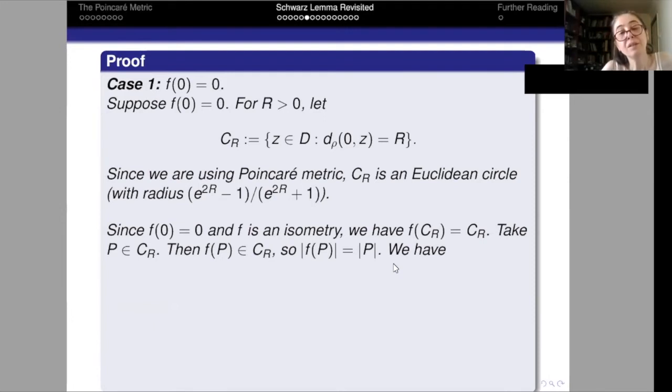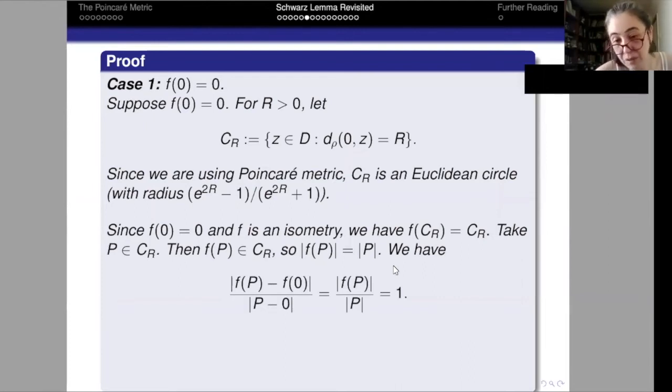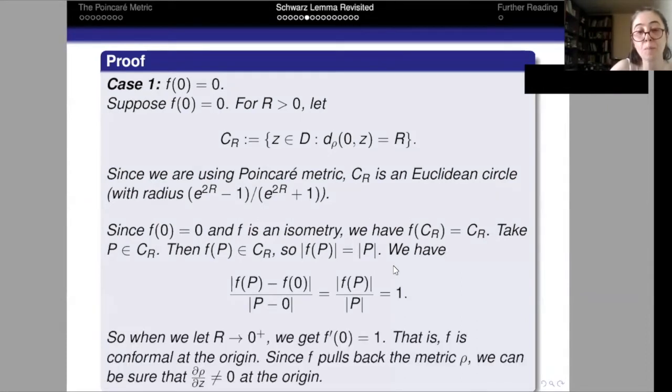Now, take a point p in this circle. Then the absolute value of f(p) is equal to the absolute value of p. So we have the absolute value of f(p) minus f(0), over the absolute value of p minus 0, is equal to 1. So when we let r go to infinity, we get the derivative of f at the point 0 to be 1.